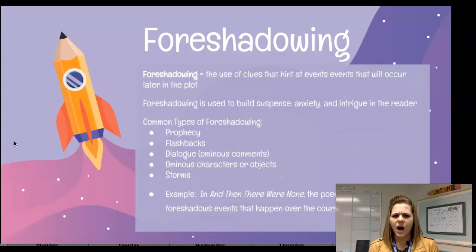We could have ominous or spooky characters or objects that give us that feeling of foreshadowing. And also the use of storms. All of these things hint at something that's going to happen later in the text. For instance, we're going to be reading And Then There Were None for our mystery novel. And in that story, there's a poem that's read at the beginning that foreshadows events that are going to happen over the course of the text.